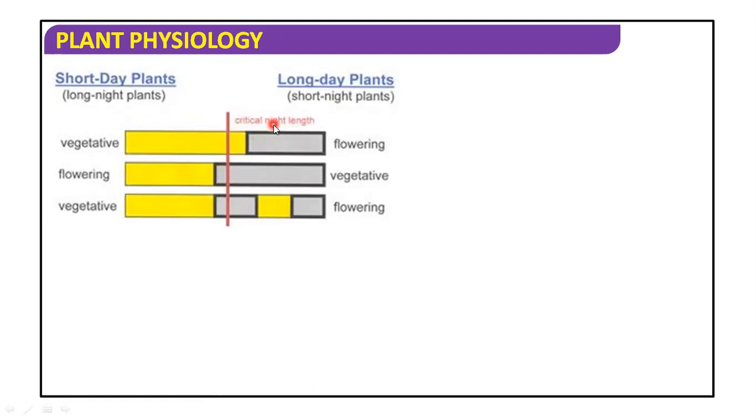Critical photoperiod is nothing but the length of photoperiod above or below which flowering occurs, means some limit above or below which flowering occurs in the plant. This line is showing the critical night length.